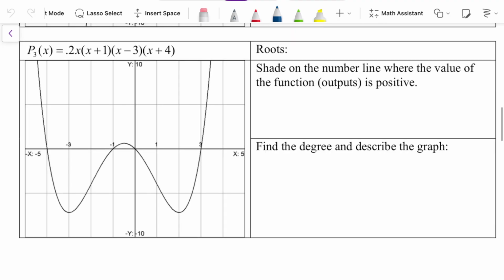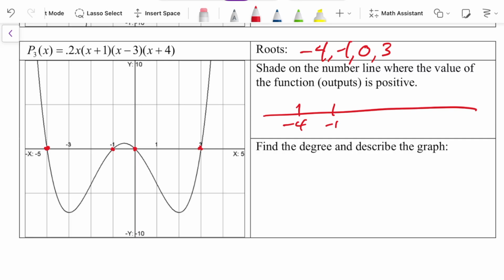This graph looks like the letter W, doesn't it? What are the roots? What do you see? About -4, -1, 0, and 3. Have you noticed by now that we can only go from the negative region of the y to the positive region of the y if we go through one of the roots?